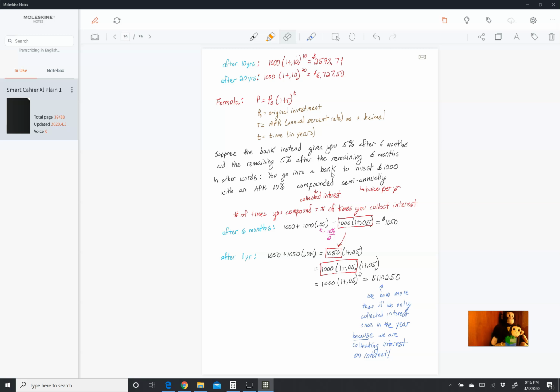If it collects more times per year, if you don't withdraw any money, then it's a benefit to you. But let's say that you have $1,000 and in March you withdraw $500, and then you redeposit that $500 in November. Well, if it collected once per year, it's giving you the full 10% on $1,000. But if you're collecting interest twice, well, you withdrew $500 in March.